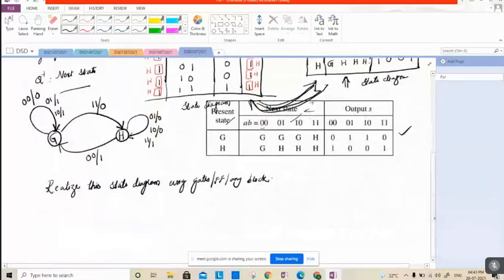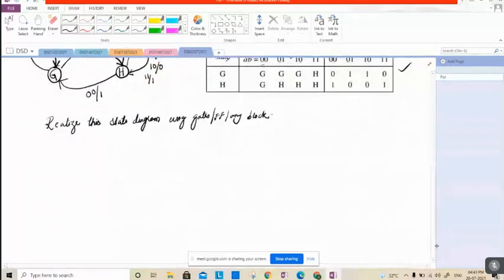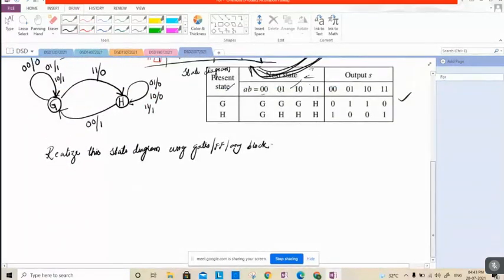Now, once again, for your better understanding, I'll draw this particular table. For this state diagram, we now require a state transition table.